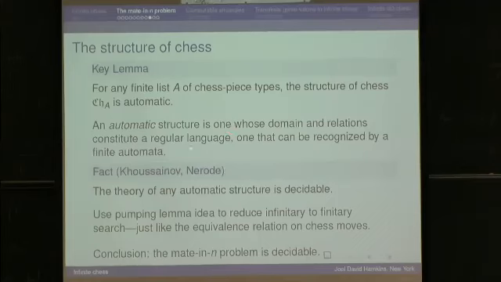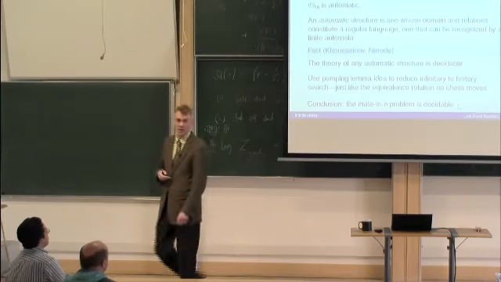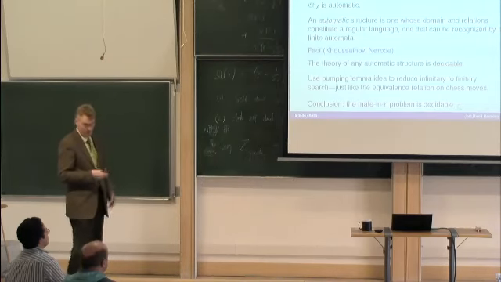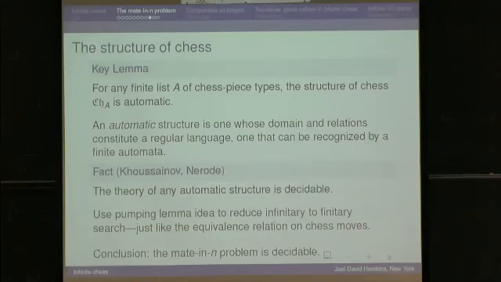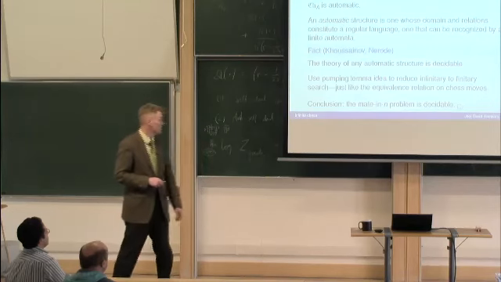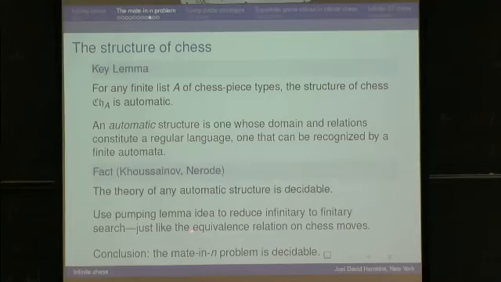So an equivalent way to understand what a regular language is, is that it's the set of strings that are recognizable by a read-only Turing machine with, say, a fixed number of tapes. Now, it's a general fact that any automatic structure has a decidable theory, and the way that fact is proved is by means of the pumping lemma idea, which basically reduces these infinite searches.